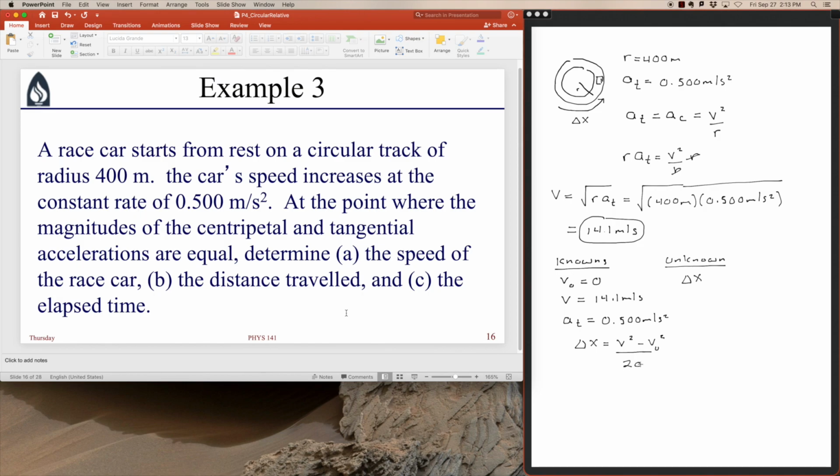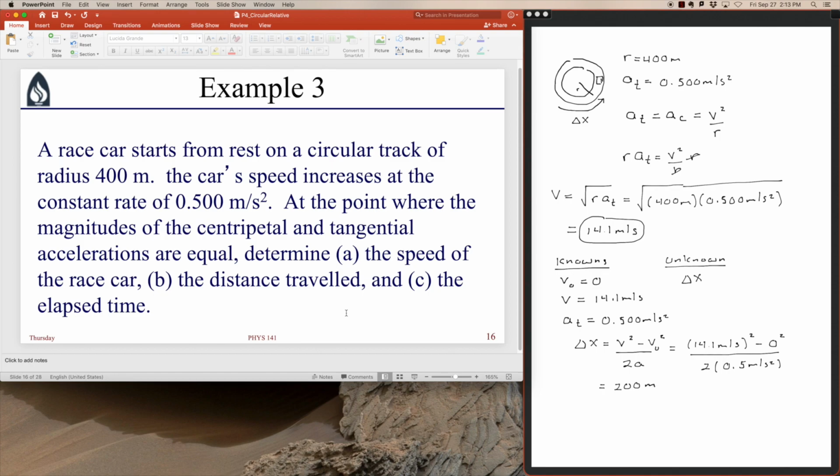It already looks like it's solved for my unknown, so I can just plug in numbers. The final velocity was 14.1 meters per second. I square that, minus the initial velocity, which was 0, and 0 squared is just 0. Then I divide by 2 times the acceleration, 0.5 meters per second squared. That's going to give me a delta x of about 200 meters.